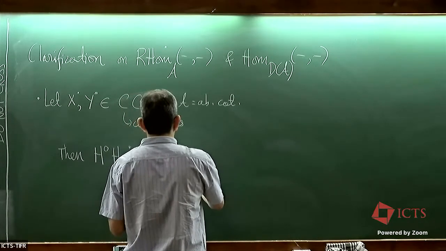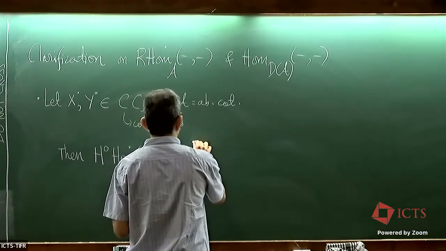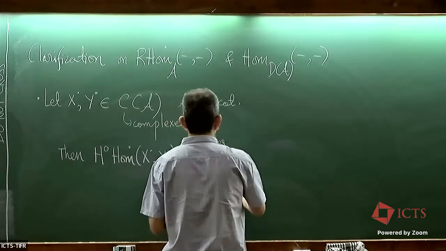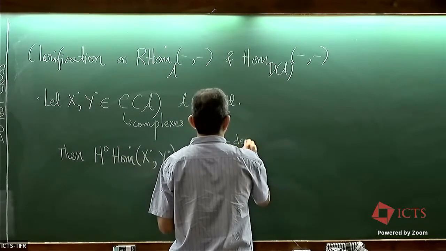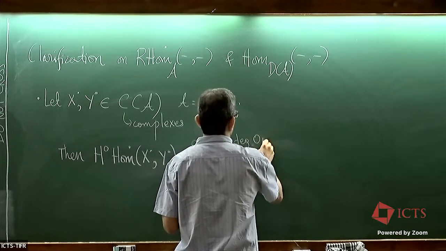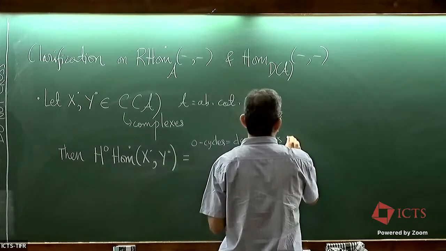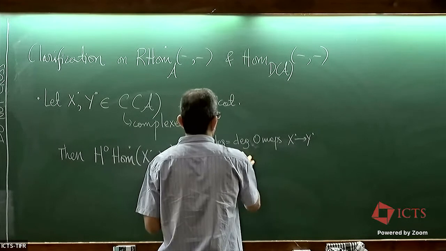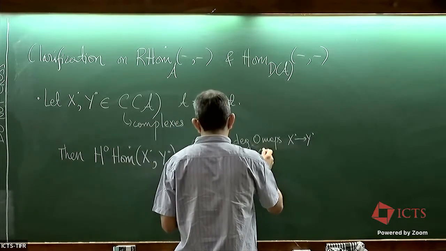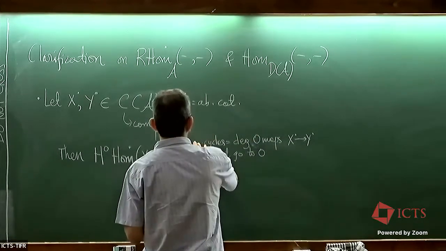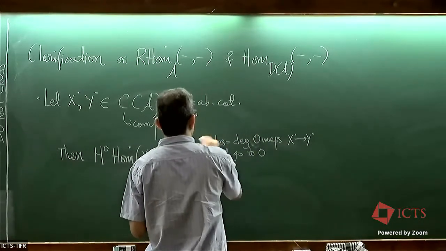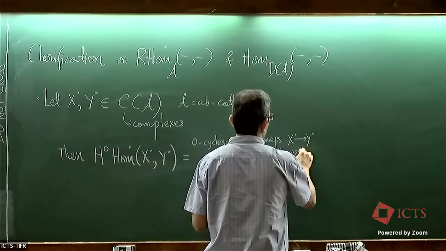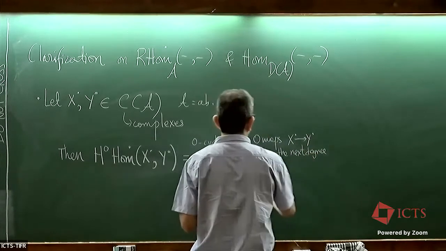So we can think of this as the 0 cycles, which are degree 0 maps from x dot to y dot that go to 0 in the next degree, modulo images.